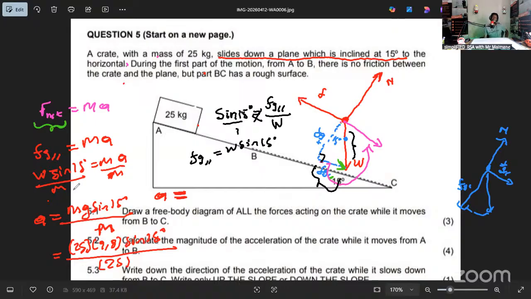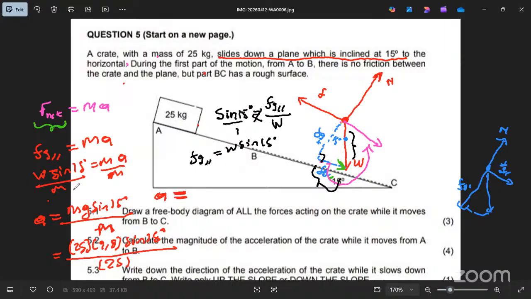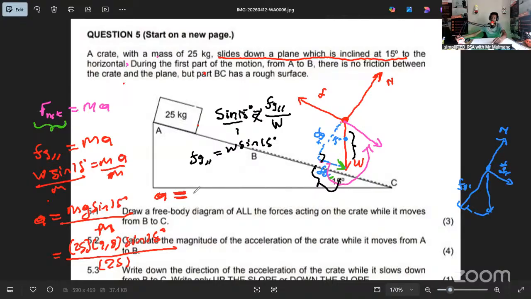Do you get 2.54 meters per second squared? Yes, that would be our acceleration. 2.54 meters per second squared.